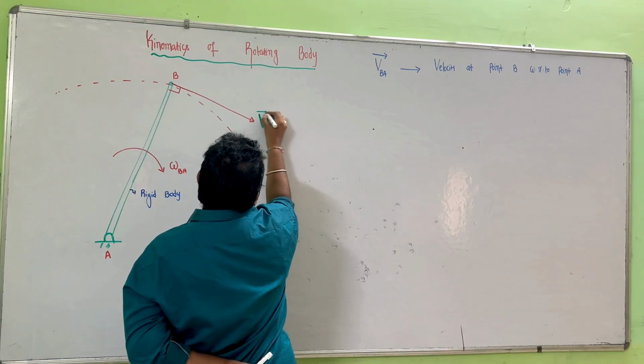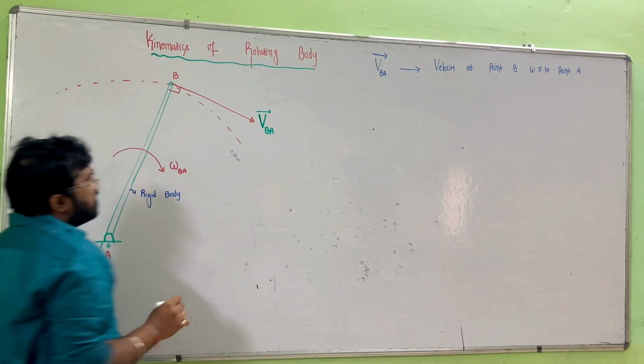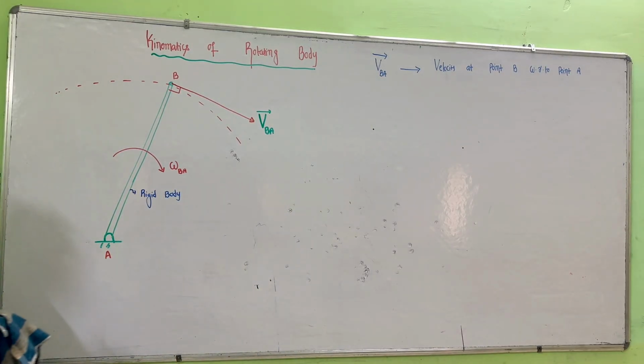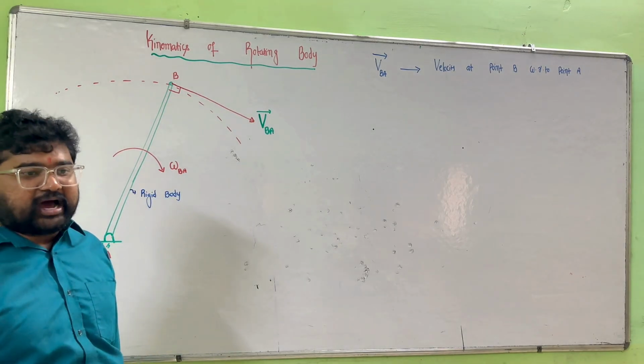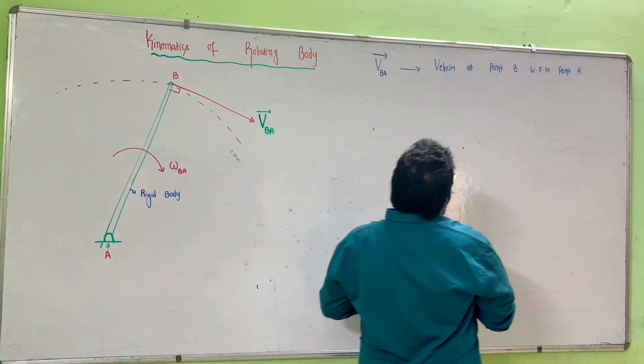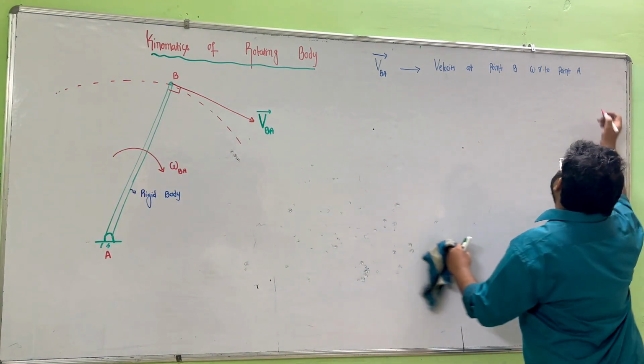Velocity at point B with respect to point A is acting tangential to the rigid body, in the same sense as omega. Clear?